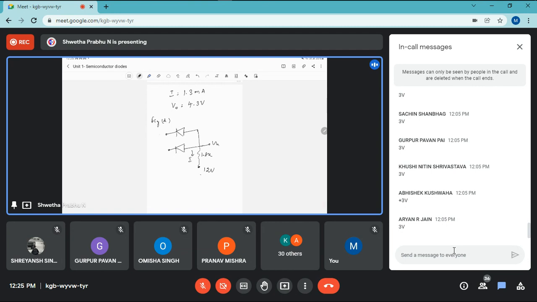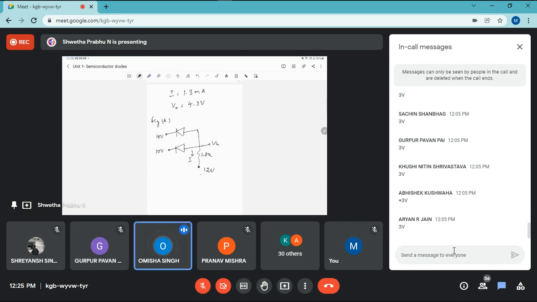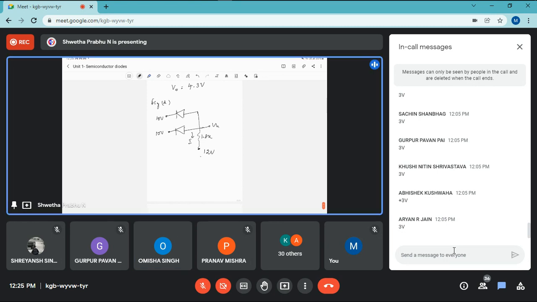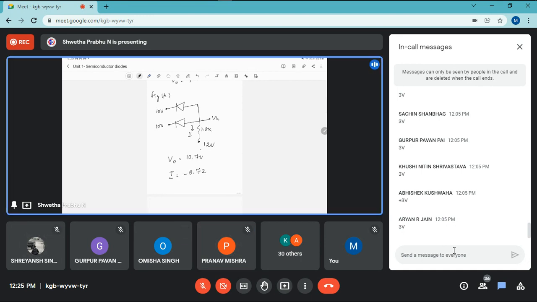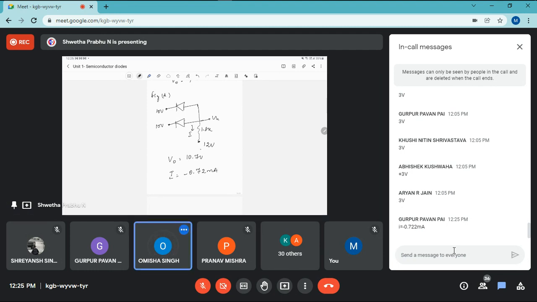They're asking you to find I. Here the input is 10 volts. Ma'am, is V not 10.7 volts? Correct. Find I. Minus 0.72 milliamperes. Correct.